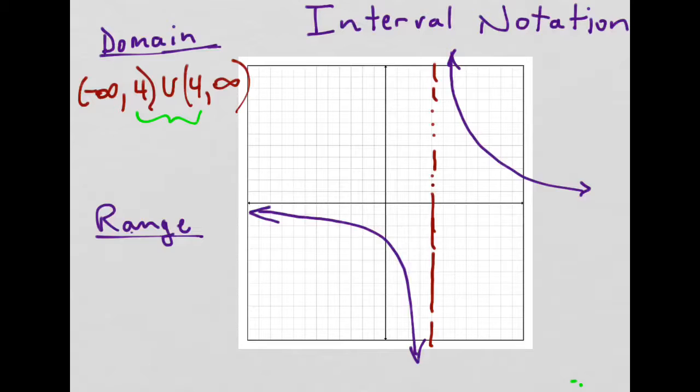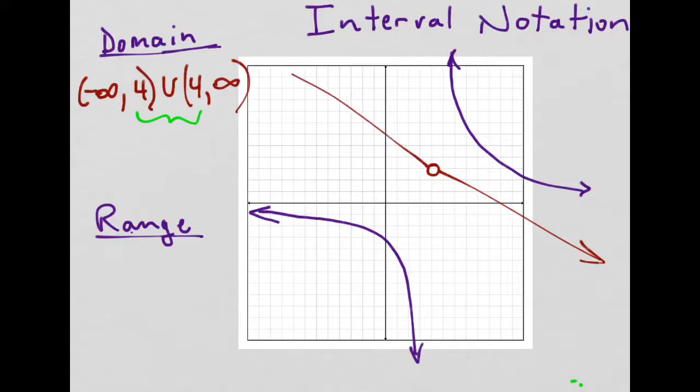Alright, and then the other times you might have a split is, let me just go ahead and put that right on this same graph. Let's say you had a hole in a line which otherwise was continuous. Okay, so you've got a split right there at 4 as well.